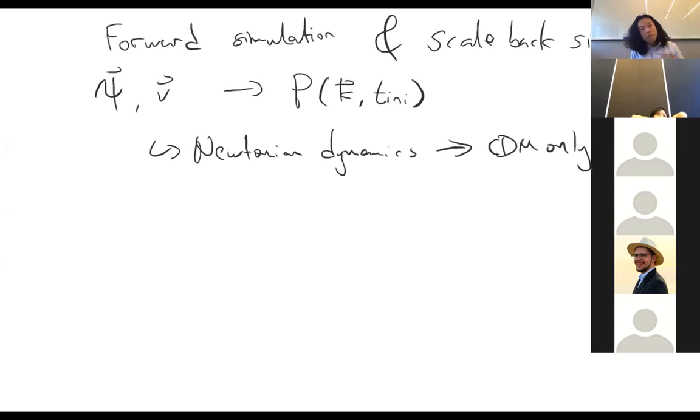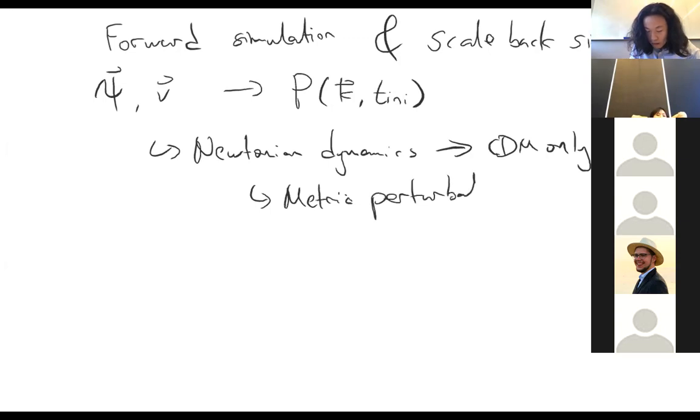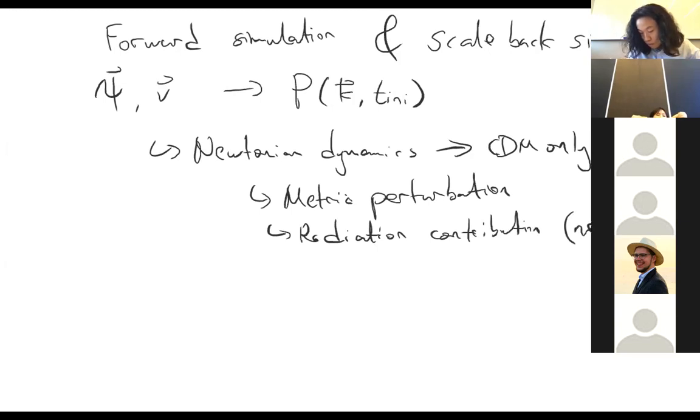So you're essentially missing out on all of the other linear physics that could contribute at late times. So for example, metric perturbations, any residual radiation contribution if you start early enough. Neutrinos could also fall into here. And if you have some other kinds of, I don't know, modified gravity or clustering dark energy.